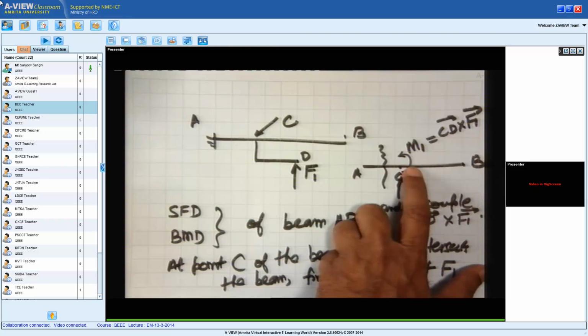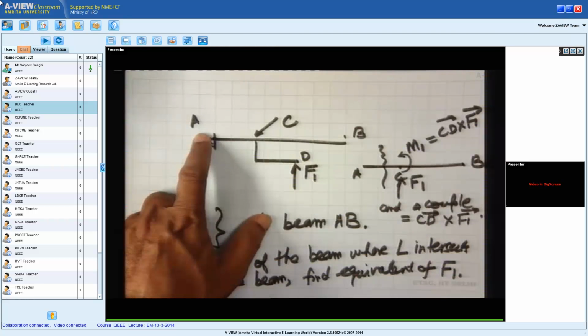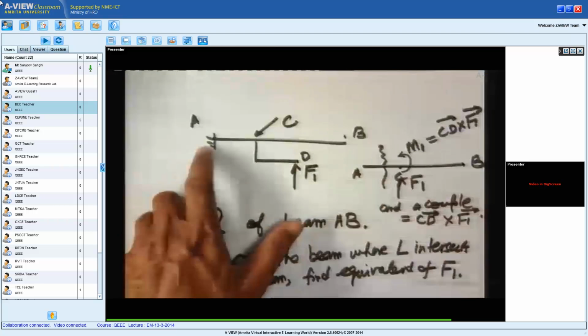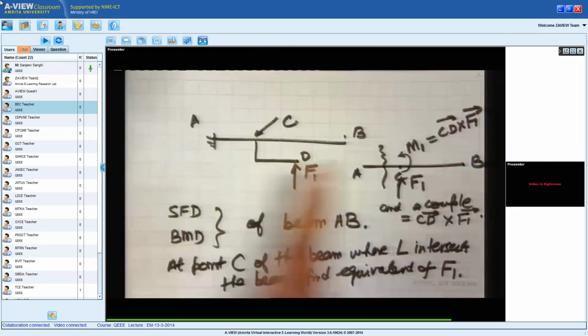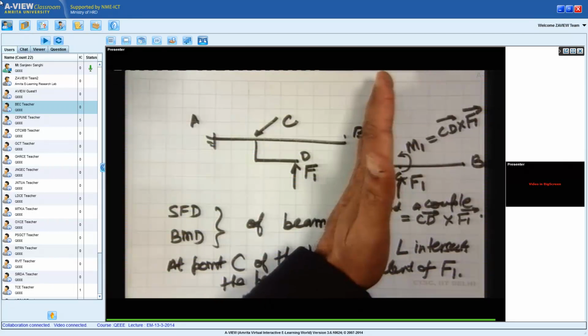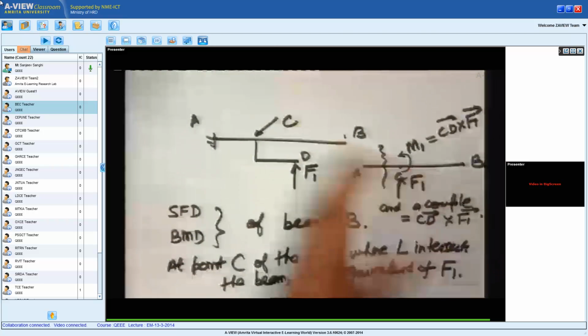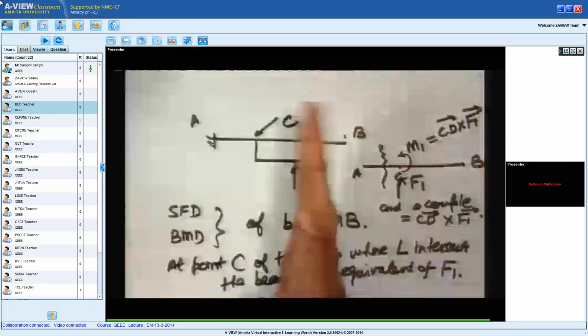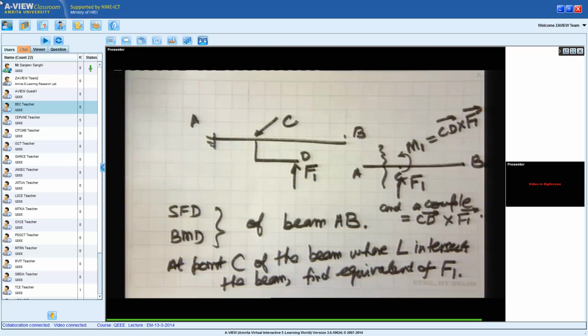The effect of M1 will come through the support reaction at A. But in the shear force diagram of the beam AB at the point C, I will get a jump because of force F1, and in the bending moment diagram also I will get a jump because of the point moment M1 acting at point C. So in all points before C, the effect of M1 will not come directly, and the effect of M1 will come after the point C.